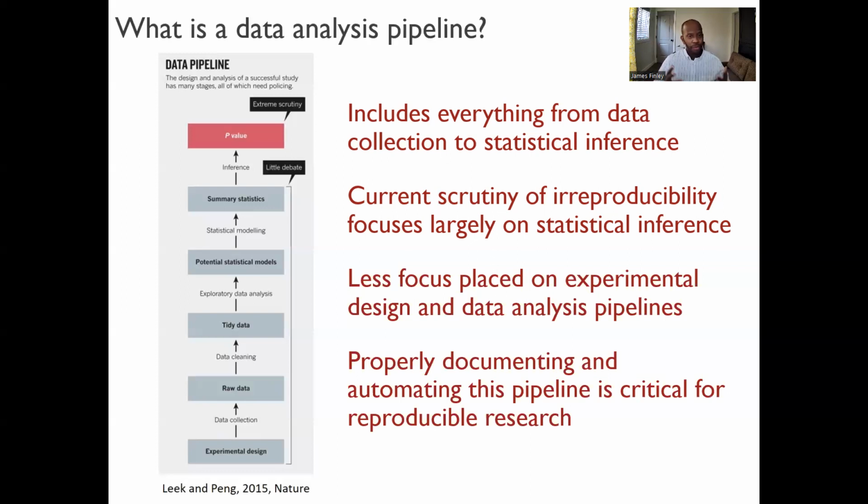So as you've probably already heard by this point, one of the things that you'll want to consider along the way is how best to document and automate this data analysis pipeline to help increase the likelihood that your data and your methods are reproducible.